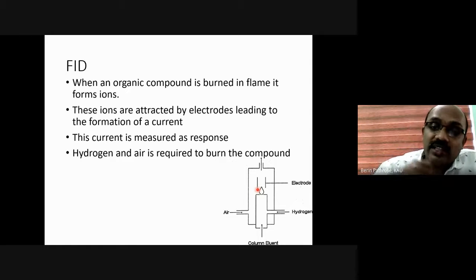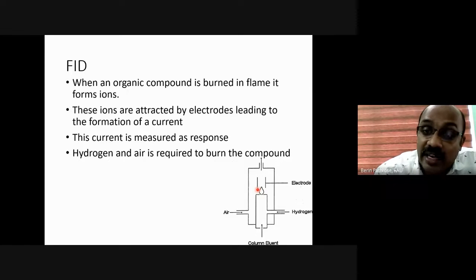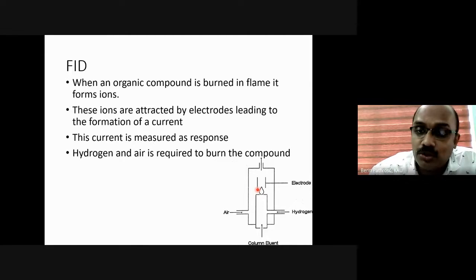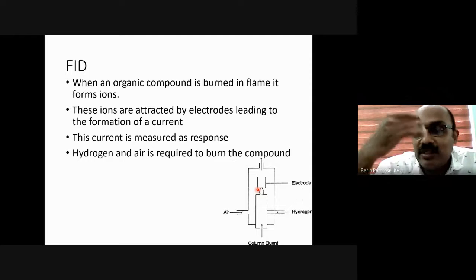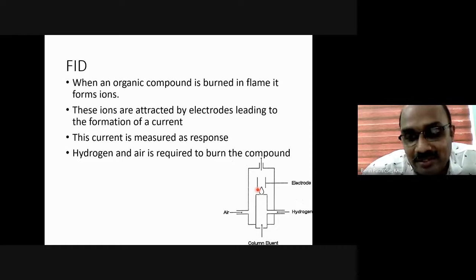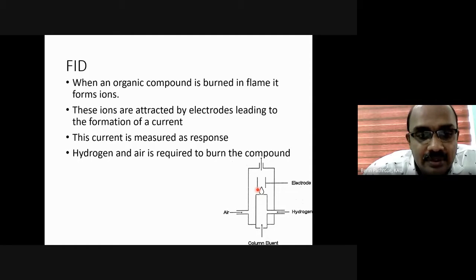Those compounds which get ionized easily with more number of ions can be detected at very low amount. The limit of detection will be very low. But those compounds which are not ionized easily, their limit of detection will be high. Only at high concentration will we be able to detect. That will be the difference. Understood?